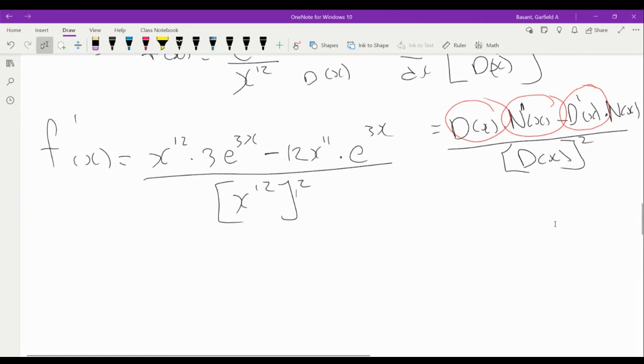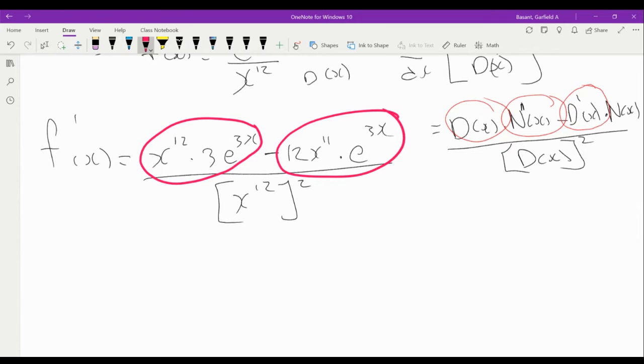All right, so do you think my MATLAB is going to accept this answer? More than likely, no, right? They're going to want us to factor the top out. So what can we factor? Once again, we have the left side and we have the right side, and we're looking for the GCF in both sides.